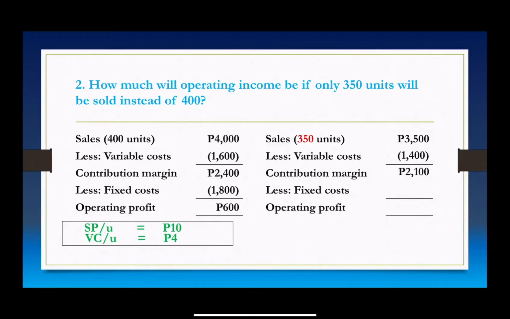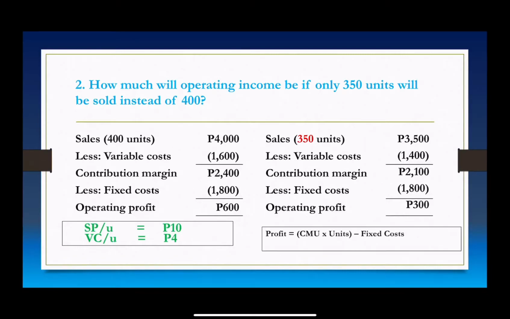For the fixed cost, regardless of the change, it will remain constant. The fixed cost will still amount to 1,800. Operating profit, therefore, is 300 pesos. We can likewise solve this using our profit formula, and that is contribution margin per unit times number of units, minus fixed cost.